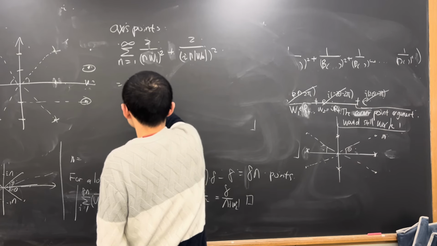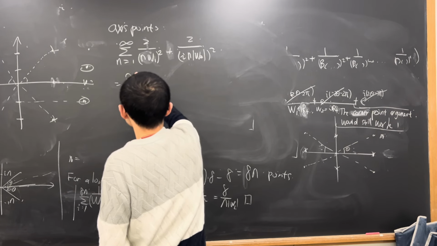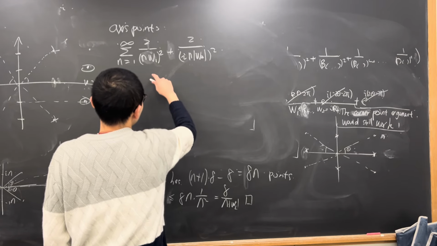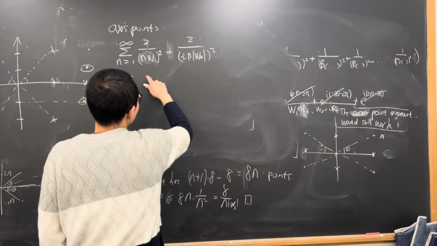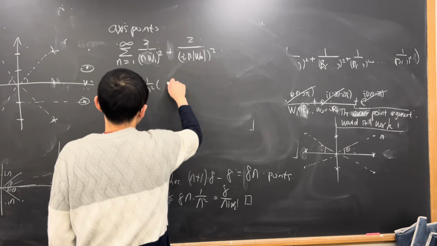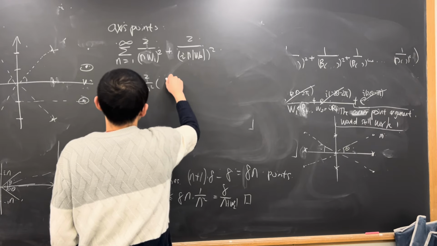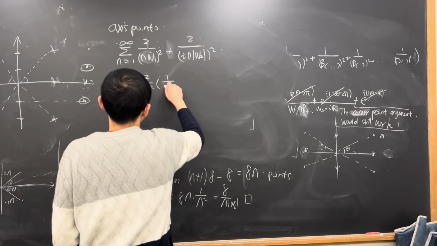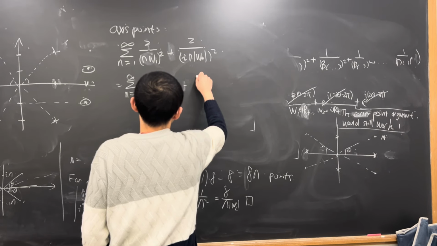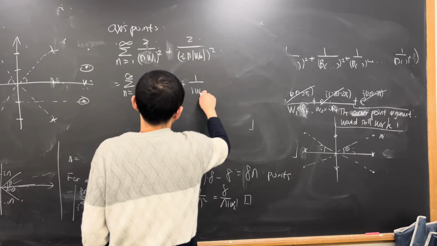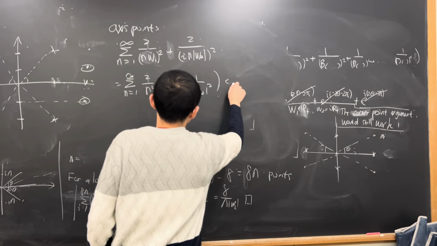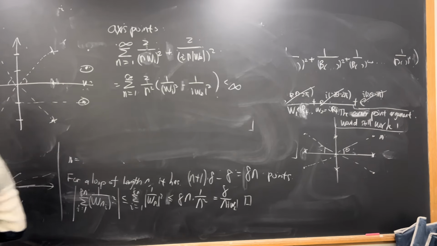So again, you can comfortably pull out 1 over n squared times some constant. So here is a real number, and then minus 1 over the modulus of omega 2 squared. So it is convergent.